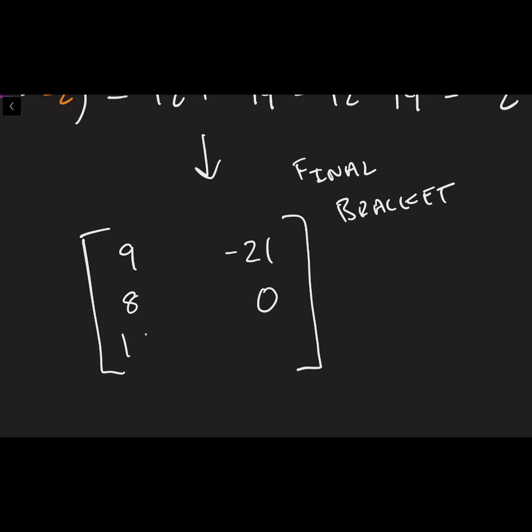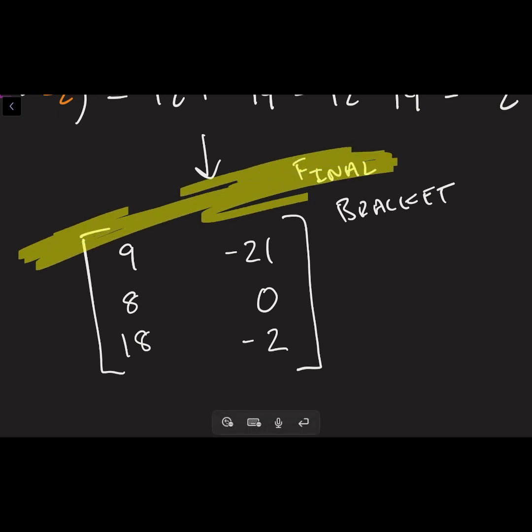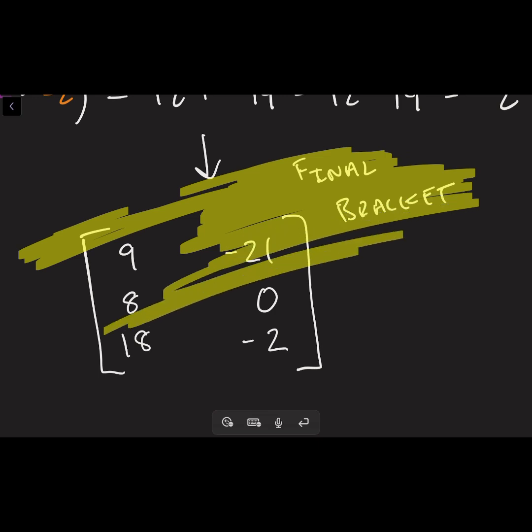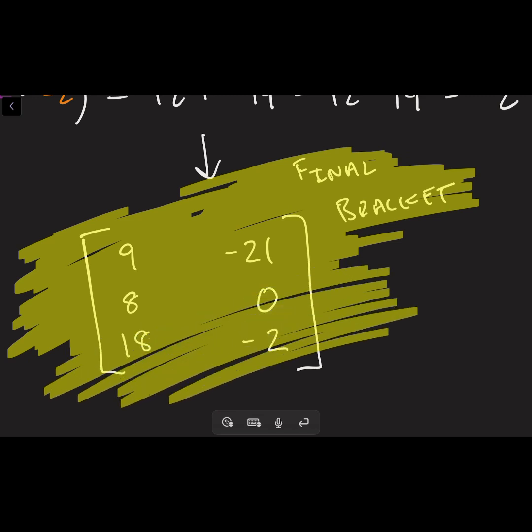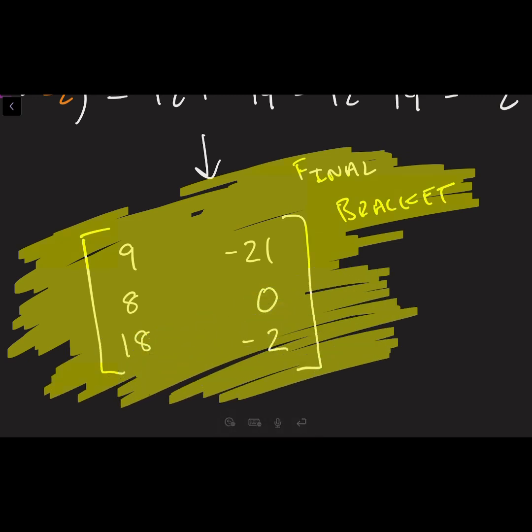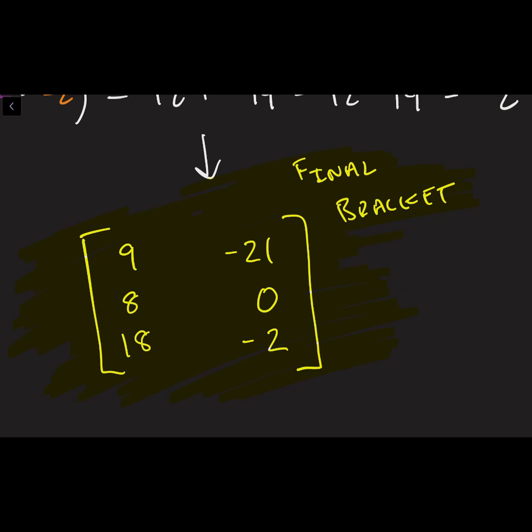And we have 18 and negative 2. And these are our numerals for our final bracket. And this is our final answer for today. I like that in that pretty yellow. Bang! And there we go. Our final answer and our final bracket for the day.